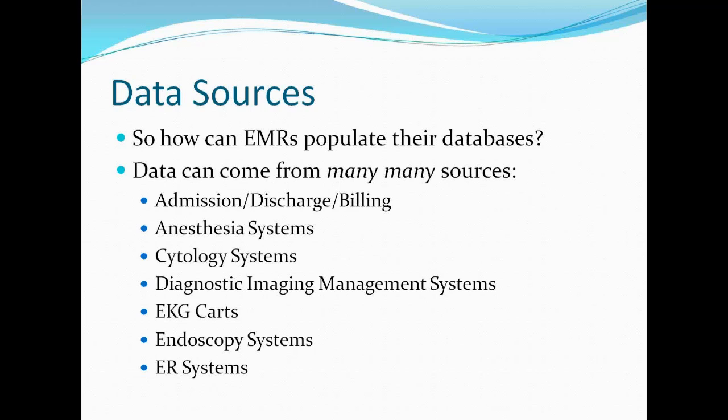There will be data from the anesthesia systems, the cytology systems, the diagnostic imaging management systems, there will be data from the EKG carts, the endoscopy systems, and the ER systems.